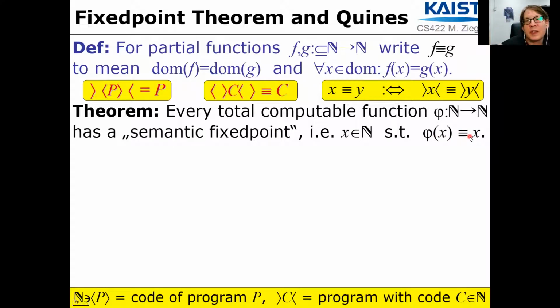This is wrong trivially. For example, consider the increment function phi, which is a total computable function, but it has no strict fixed point. But the statement says it still has a semantic fixed point. So there are many very interesting subtleties hidden in this statement.